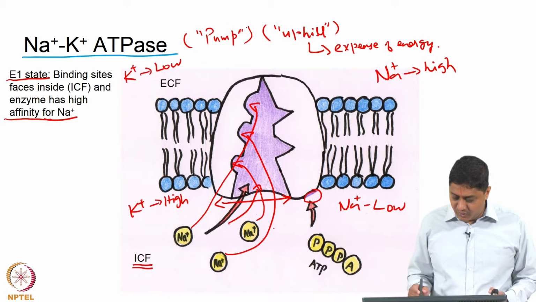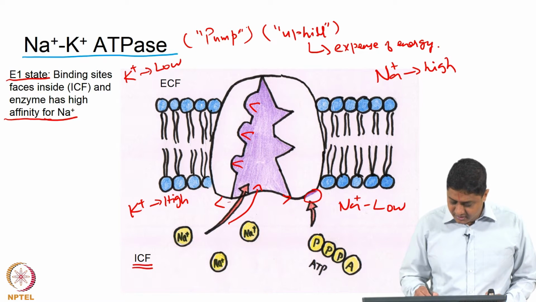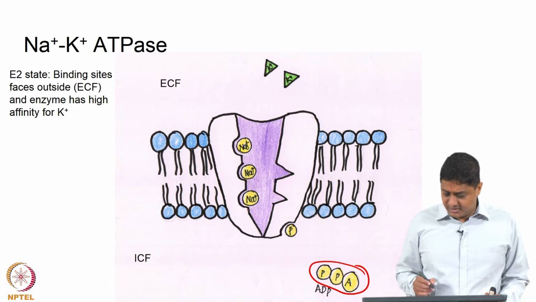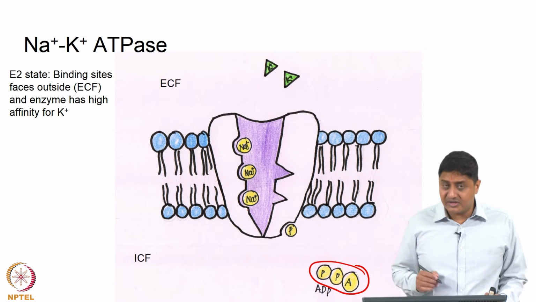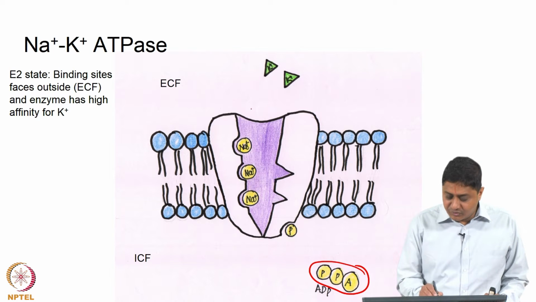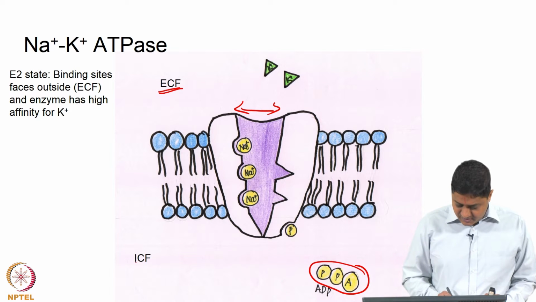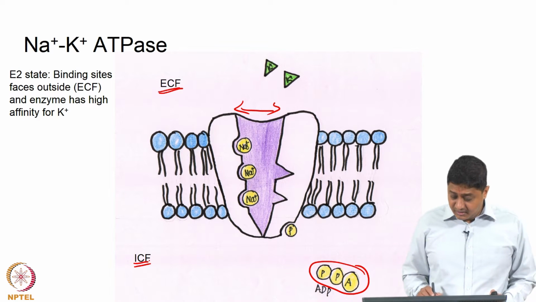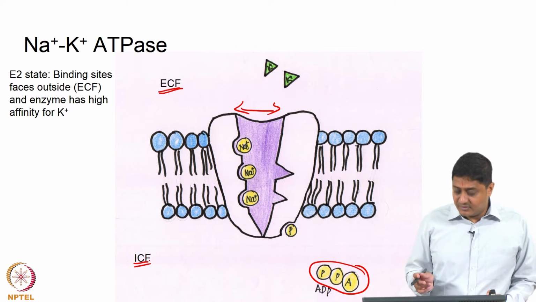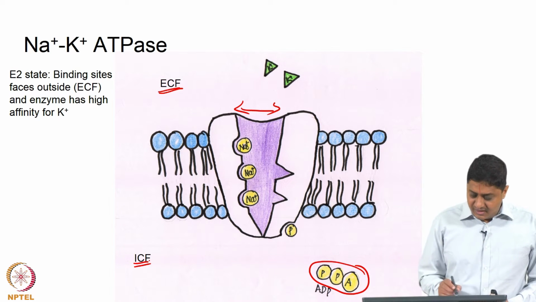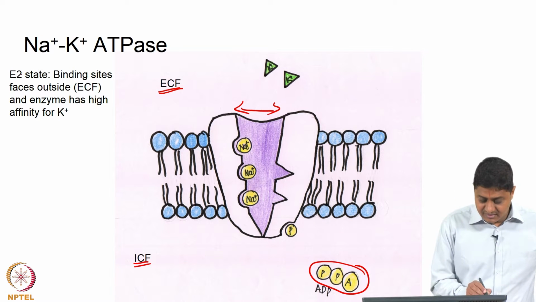Earlier it was open on the inside, but once ATP attaches and the phosphate bond is broken and energy is released, it is open on the outside. Once again, this is the outside of the cell and this is the inside.